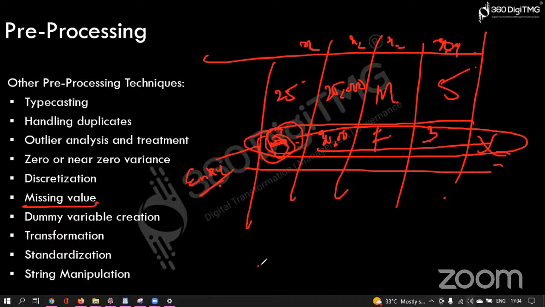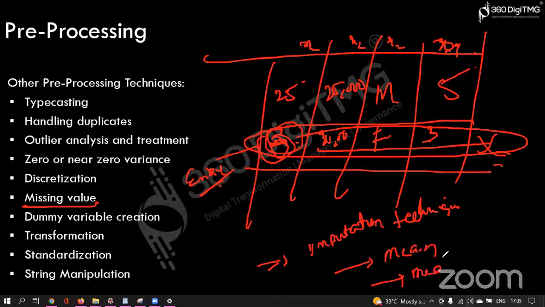To avoid that, we have different imputation techniques. Those are mean imputation, median imputation, and then mode imputation. Mean and median are used for numerical data. Mode is used for categories.